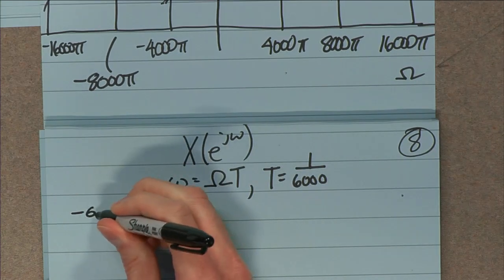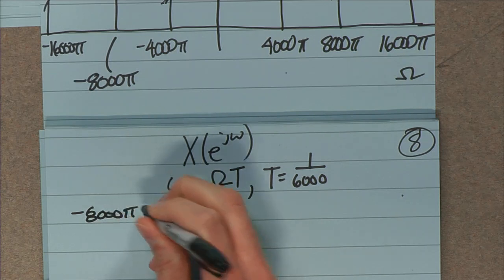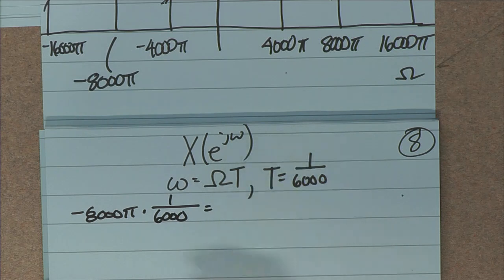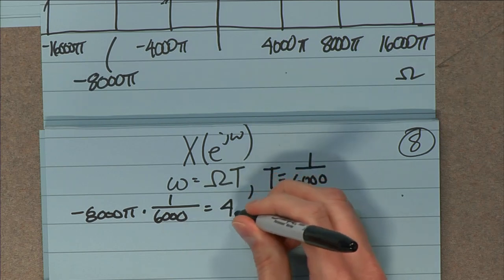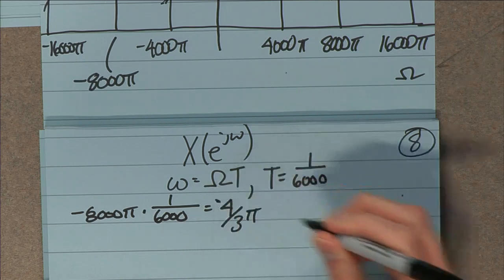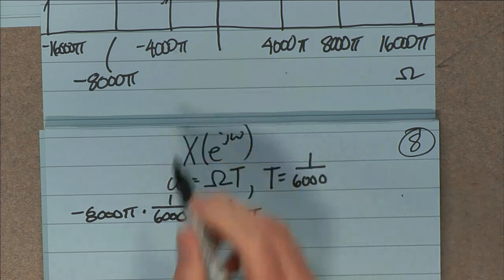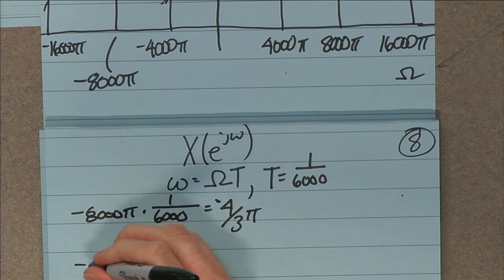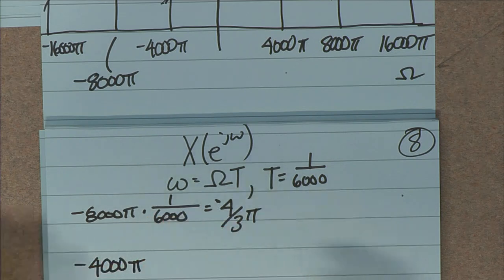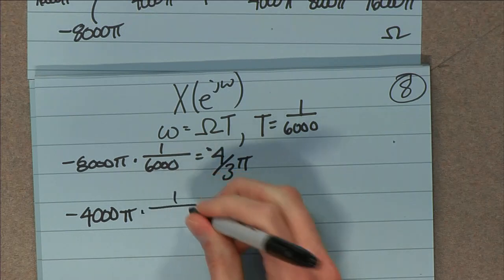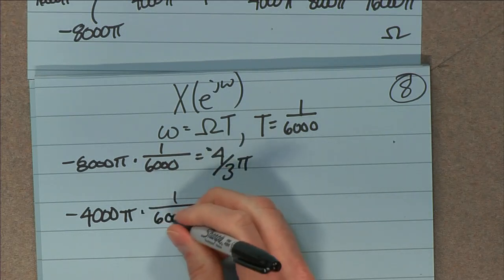So minus 8,000 pi times 1 over 6,000. The thousands cancel, so that's, divide by 2, 4/3 pi. Minus. And what's minus 4,000? Minus 4,000 pi times t, which is 1 over 6,000.